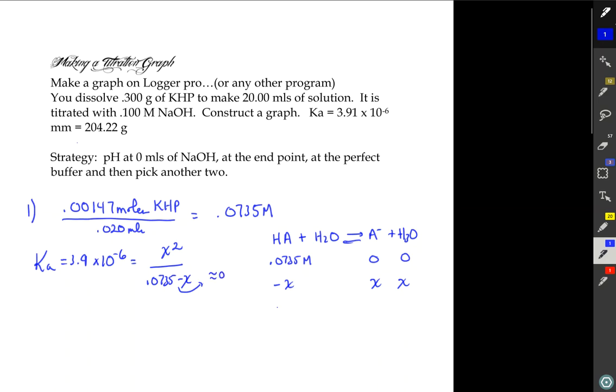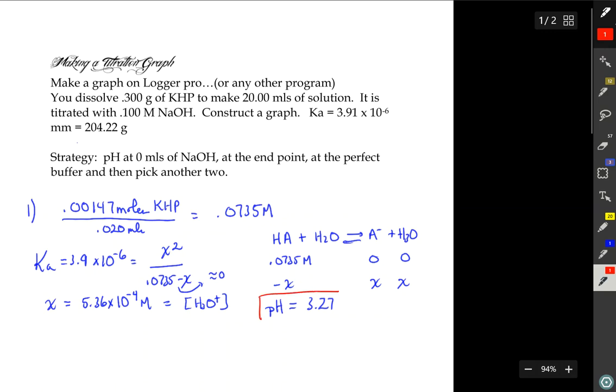And so x ends up being 5.36 times 10 to the negative 4th molar. And since this equals my H3O plus concentration, my pH ends up being 3.27. So that's going to be our first point. Now at 0, it's 3.27.